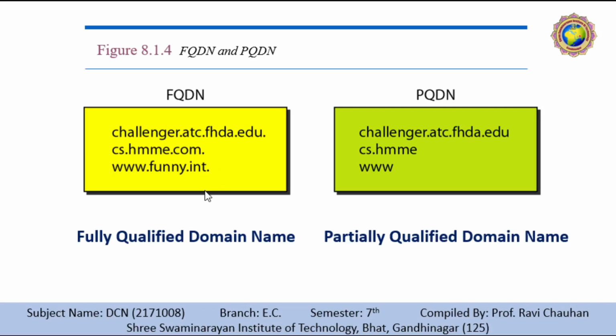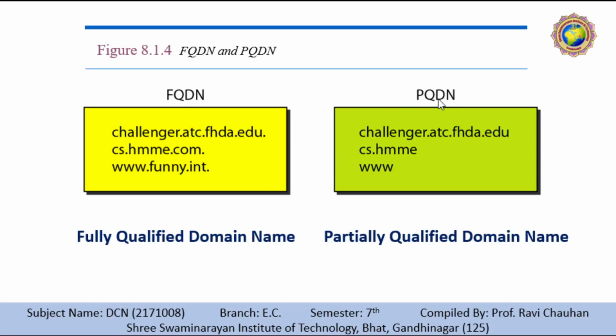For example, challenger.atc.fhda.edu. is the FQDN of the computer named Challenger installed at the Advanced Technology Center. A DNS server can only match the FQDN to an address. Note that the name must end with a null label, but because null means nothing, the name ends with a dot.